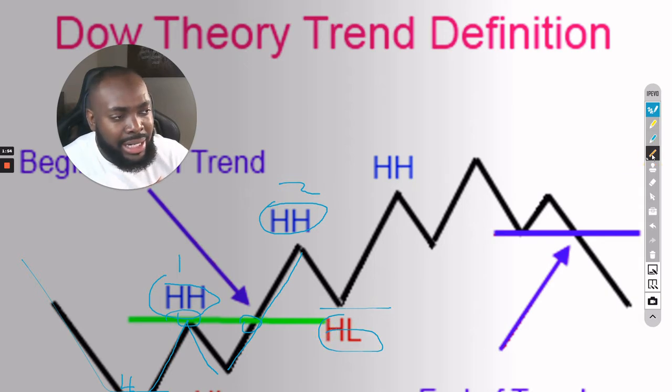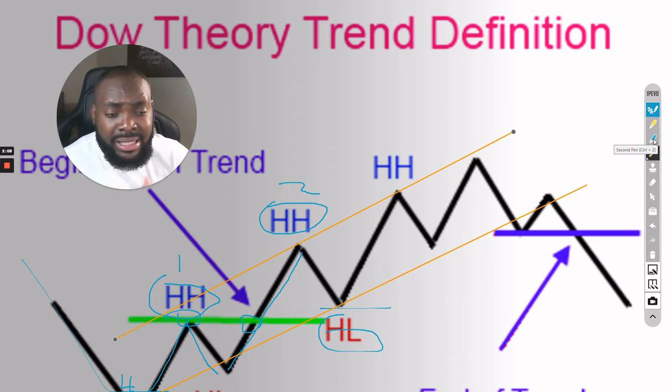So this is the point that I come in as a trend trader and I map my uptrending support level to the upside, and I will also map my uptrending resistance, because we always have a resistance and we always have a support. Support is where we're looking to buy, resistance is the levels that we're looking to sell, and typically you're buying the higher lows and you're selling the higher highs.